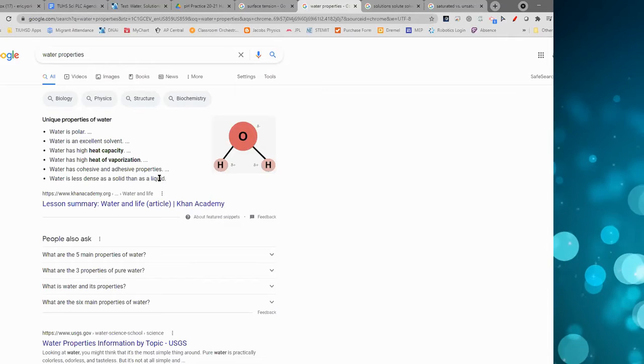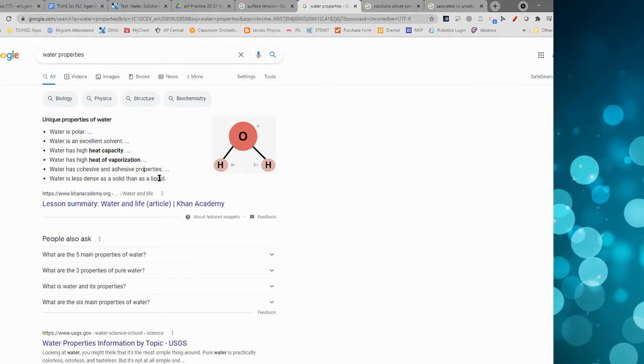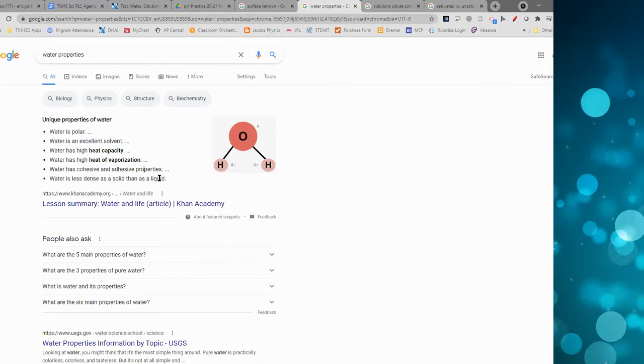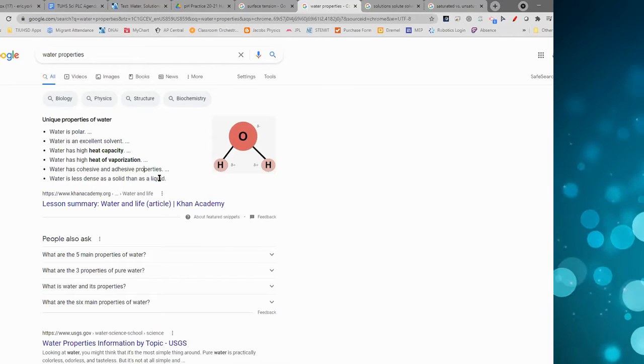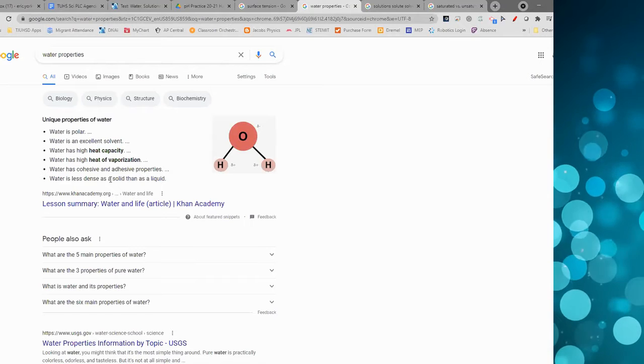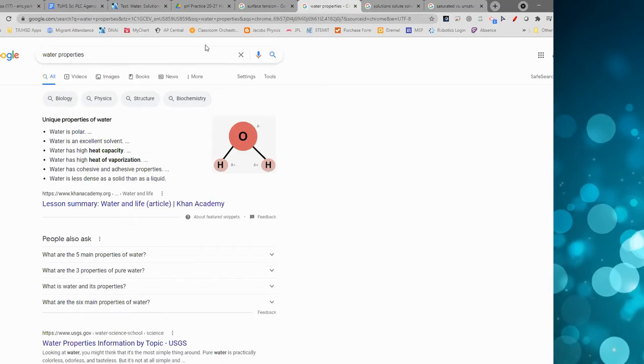However, if ice were to sink when it became a solid, then the entire lake would eventually freeze over, killing everything in it, and that would really cut down on a lot of the life that we have in lakes and ponds. So it is a very important property that ice floats.